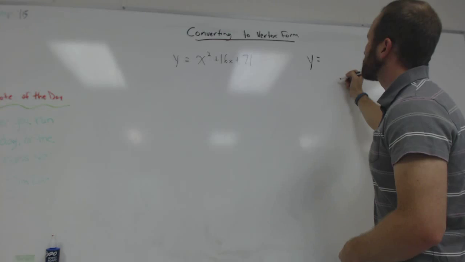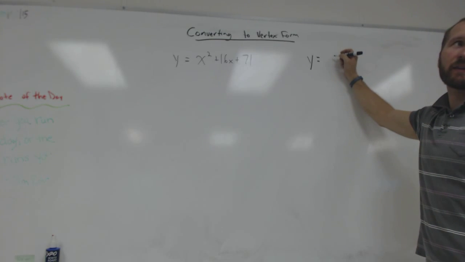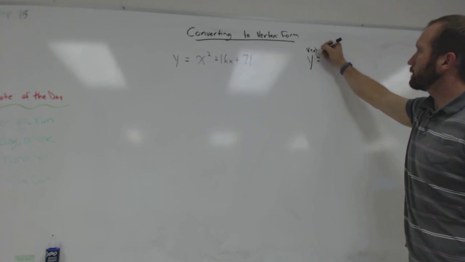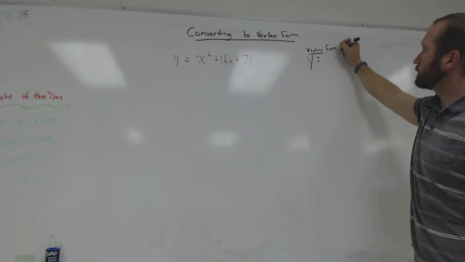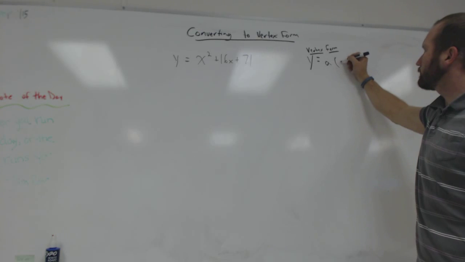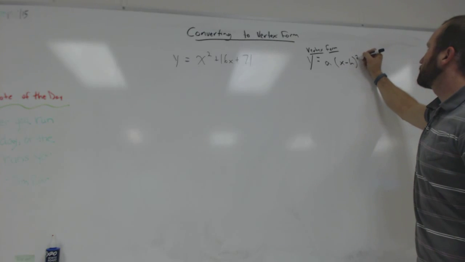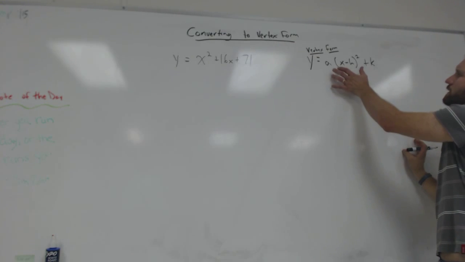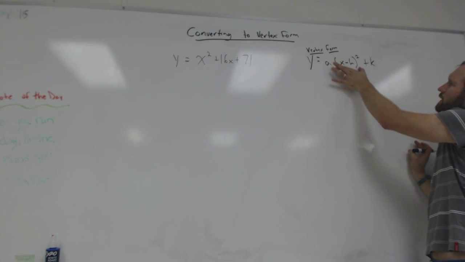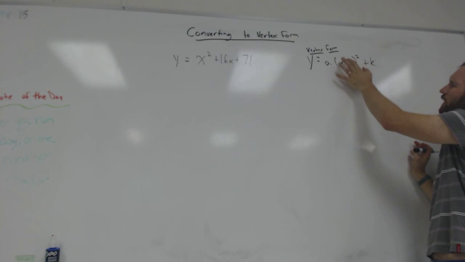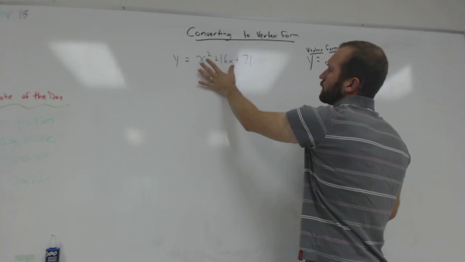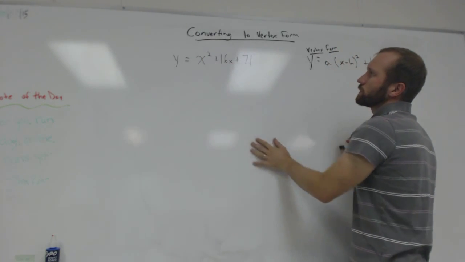Y equals a times (x minus h) squared plus k. This is the tricky part: we need to get this (x minus h) squared.